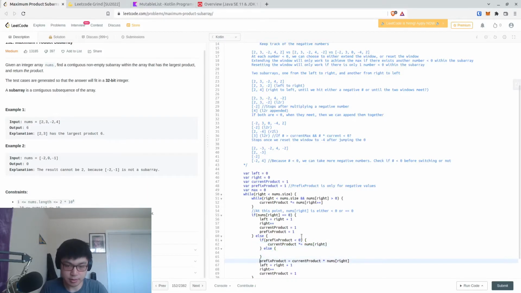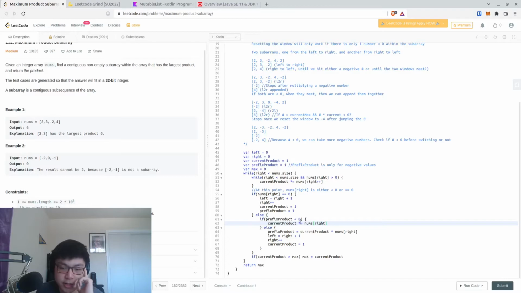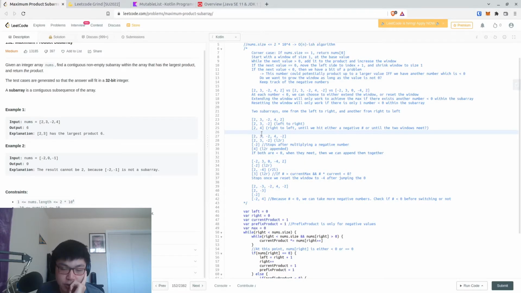Otherwise, we want to do that. All of that. So if our prefix product happens to be less than 0, so we go 2, 3, this -2, our prefix product is 1. It starts out as 1 as default.